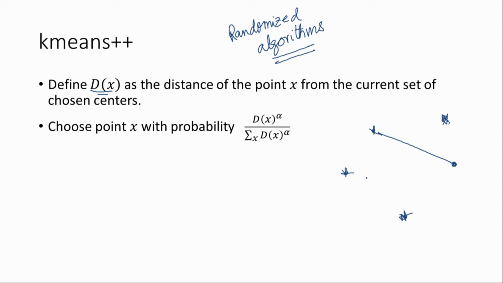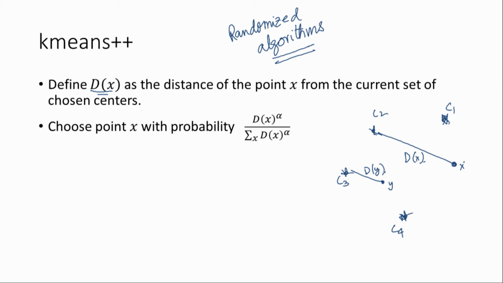This was not a nice picture, but think of this as C1, C2, C3, C4. This is the point x, and this is the distance d of x. So for every point, measure the minimum distance with respect to these centers. For y, this might be d of y.